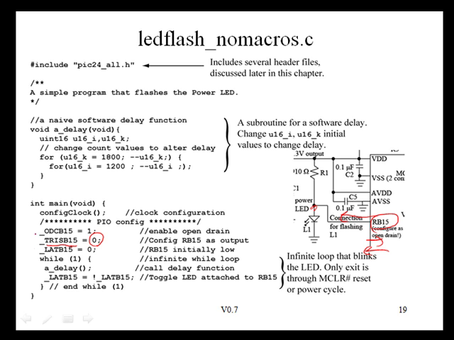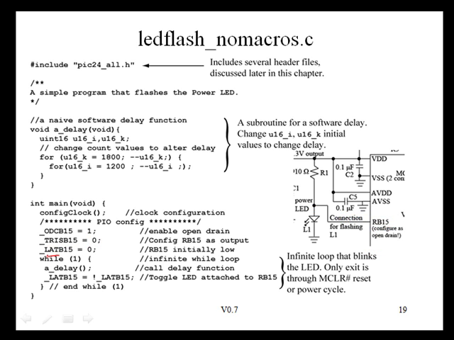In order to configure it as an output, we need to set the special function register bit to a 0. Later on, we'll discover that if this bit is set to a 1, it'll configure that particular pin as an input. But in this case, we need an output, so we'll set TRISB15 to a 0.